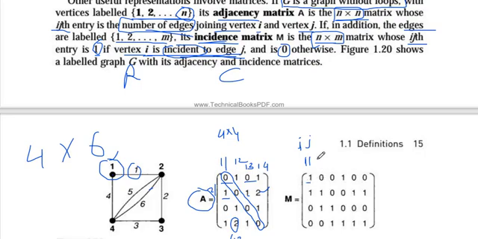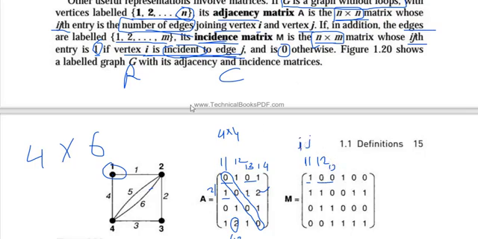Then first row, second column. Here our vertex remains the same, vertex 1, but the column is 2, so the edge is 2. This is not connected, so 0. Then 1 and 3, vertex 1 and edge 3.